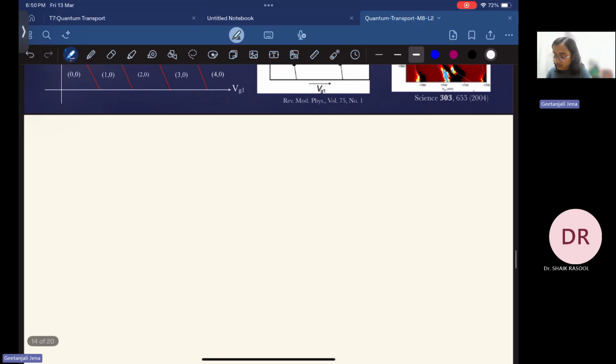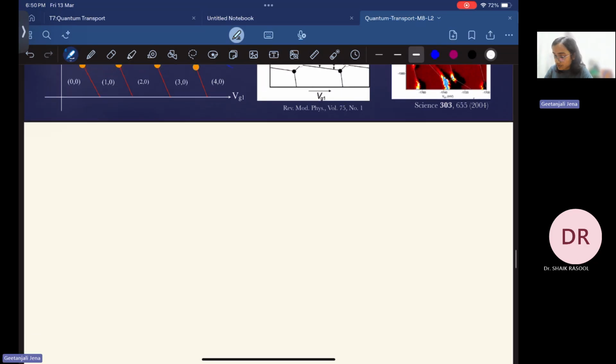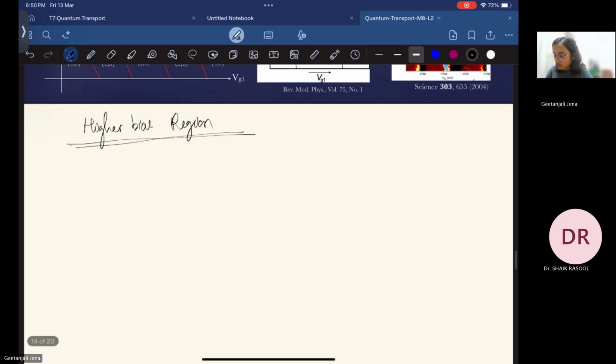So for the higher bias region, we are focusing on the transport happening from the source side to drain side or from the drain side to source, depending on the bias, whether it is a forward bias or a reverse bias.